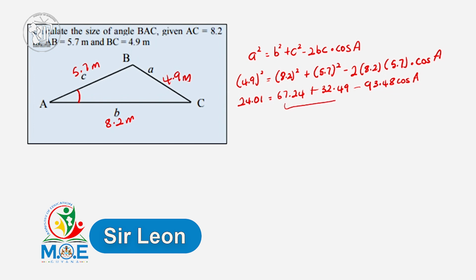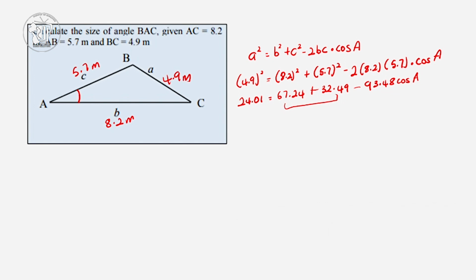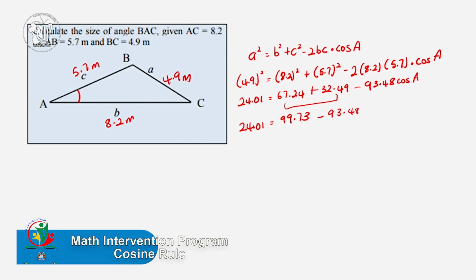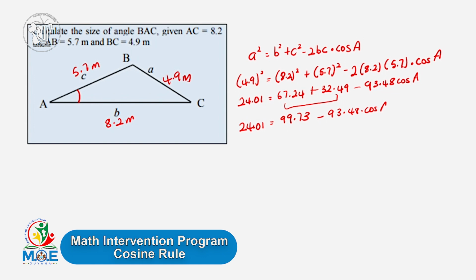So we work out these two. So 67.24 plus 32.49 is equal to 99.73. Subtract 93.48 times cos A. So we take over this here, this is adding, and we take it over to subtract.